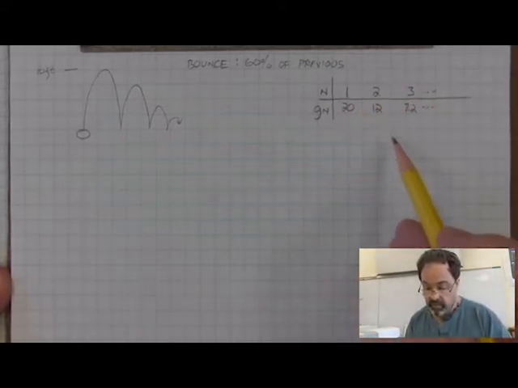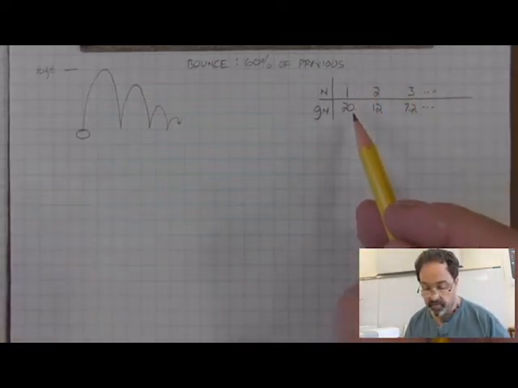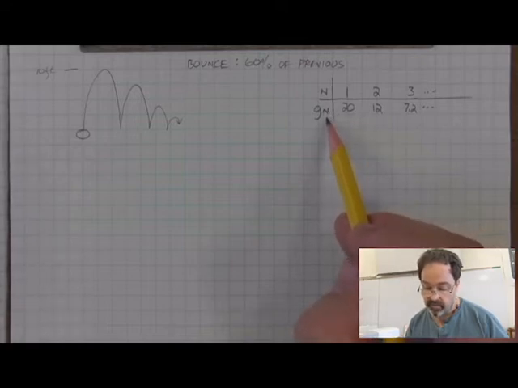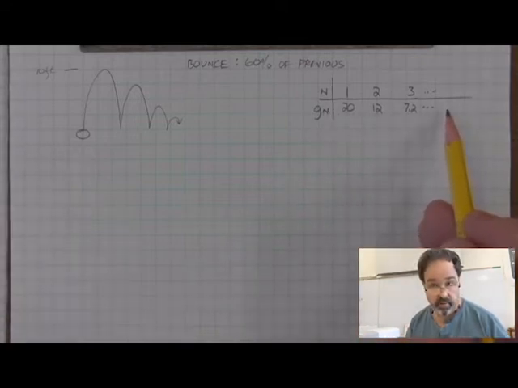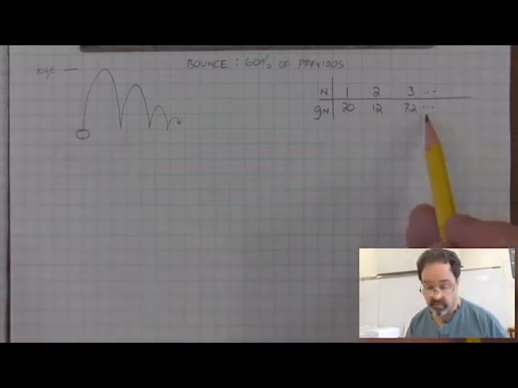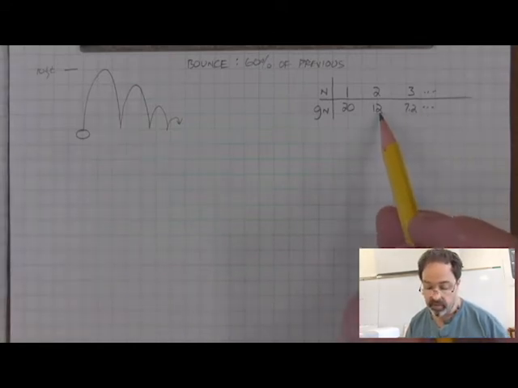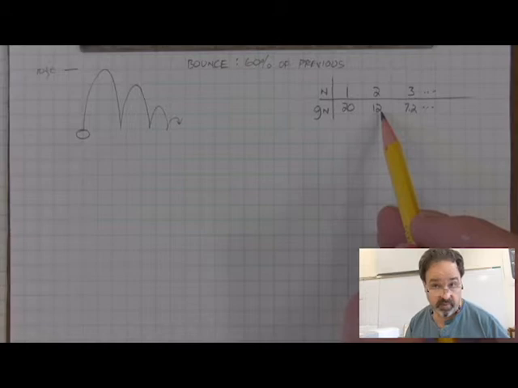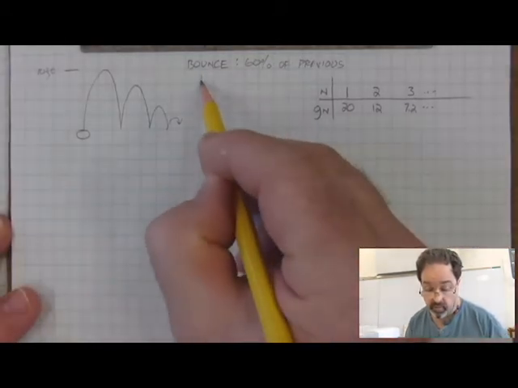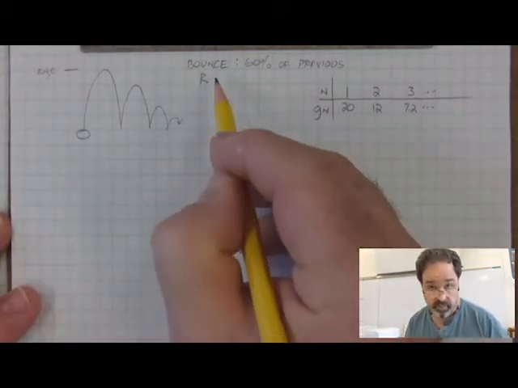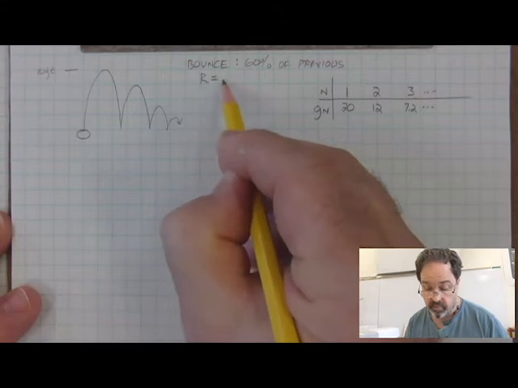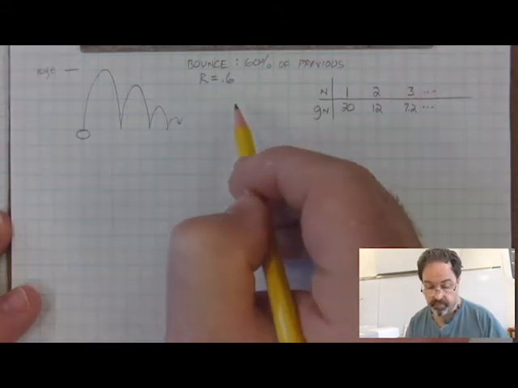If we take a look at this, we think we've generated a sequence of numbers. And the nature of this sequence is that it is geometric. Because we're multiplying by the same 0.6 each time, that is the constant ratio of a geometric sequence. R is equal to 0.6.